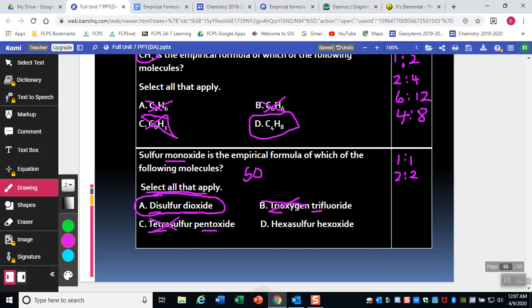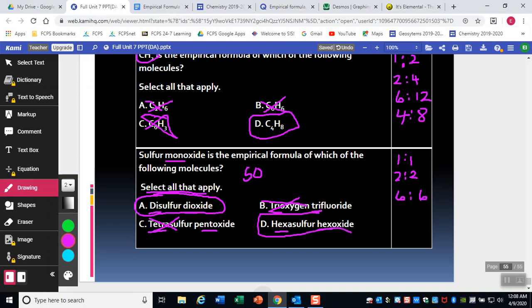Hexasulfur hexoxide. I've got the right elements, sulfur and oxygen, so that's good. And then I've got 6 sulfurs and 6 oxygens. Well, 6 to 6 is the same as 1 to 1. If you multiply this by 6, you multiply this by 6, it's going to be the same thing.